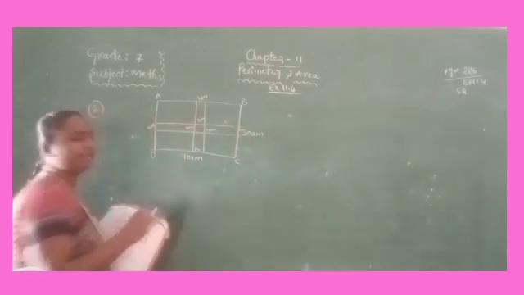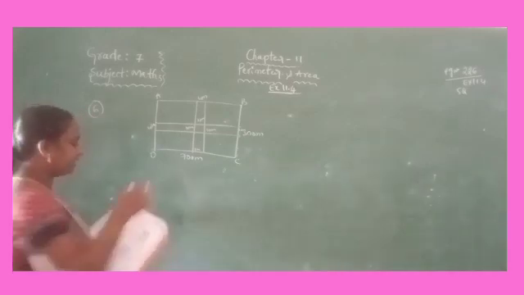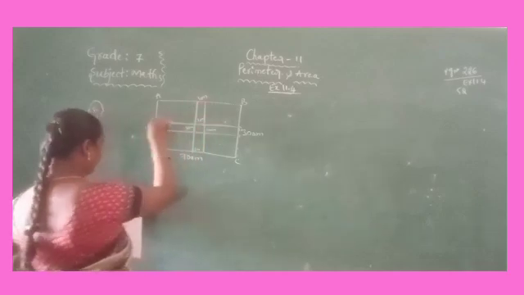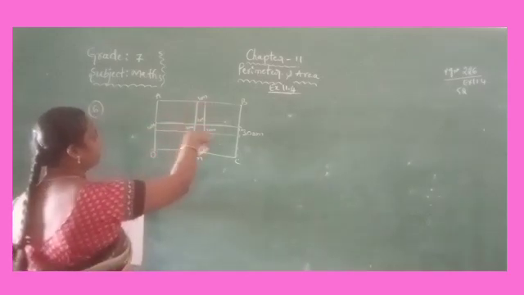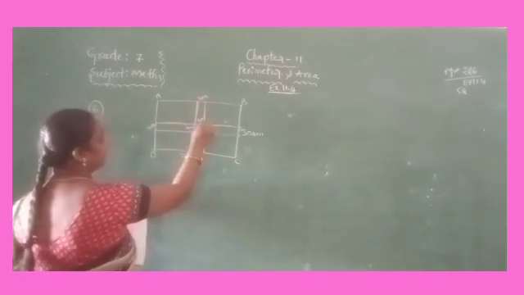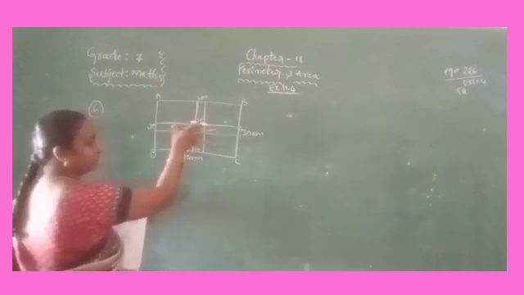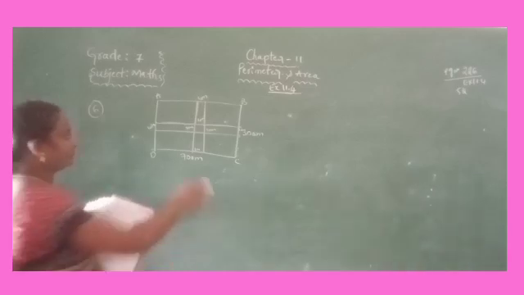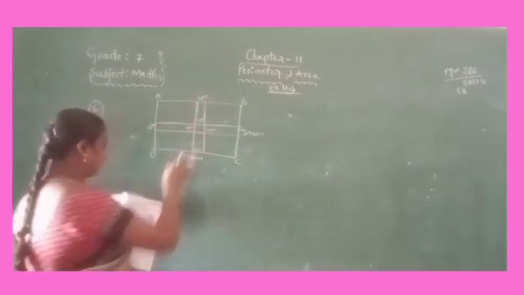Each width is 10 meters. They cut at right angles at the center of the park. And they are parallel to its sides.